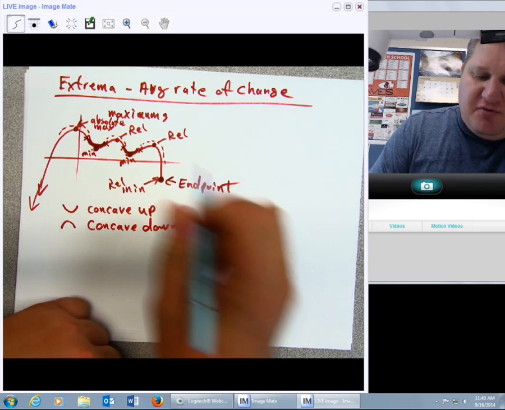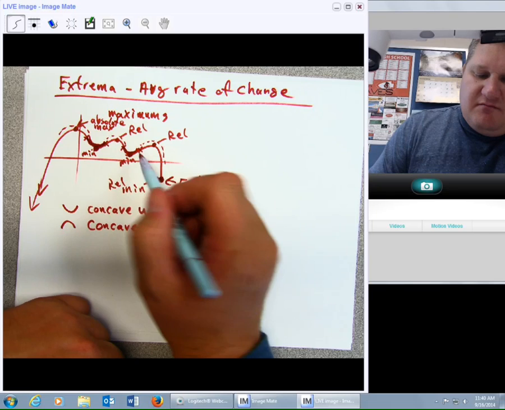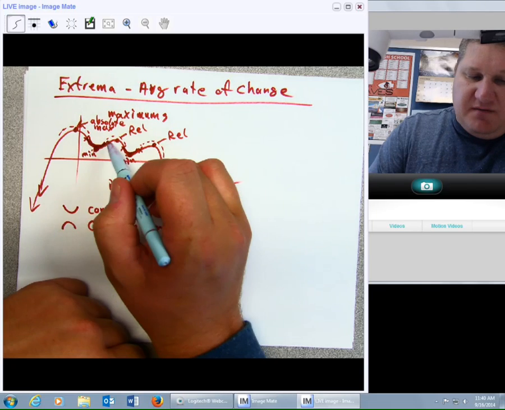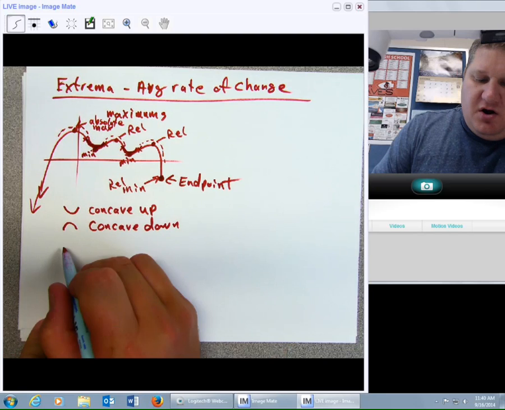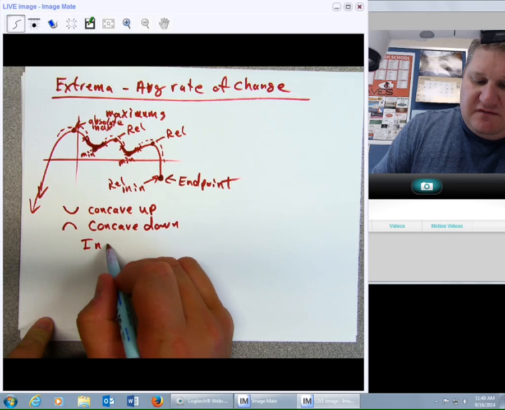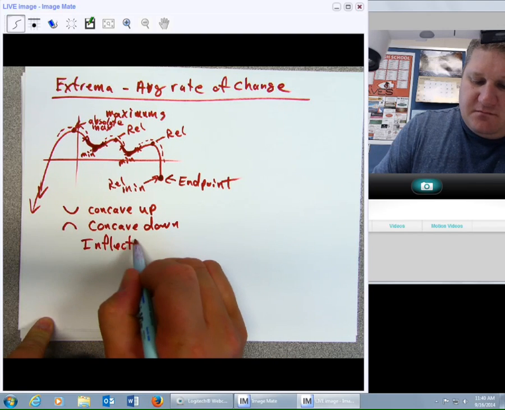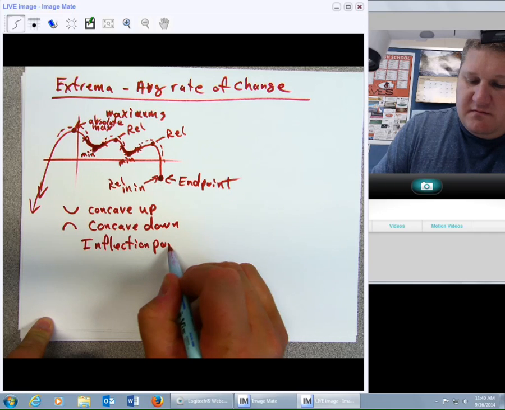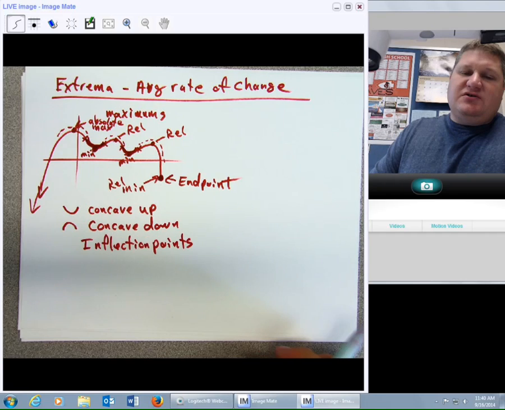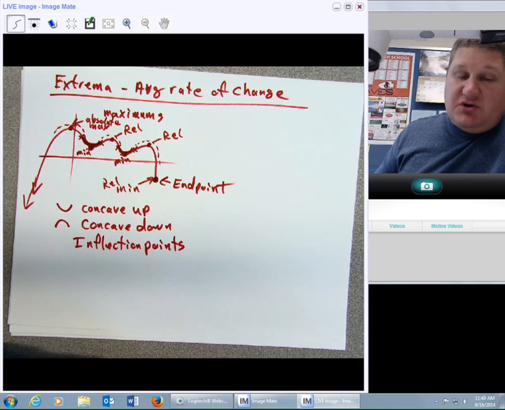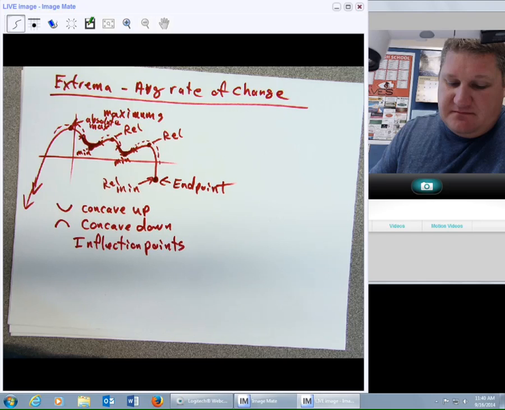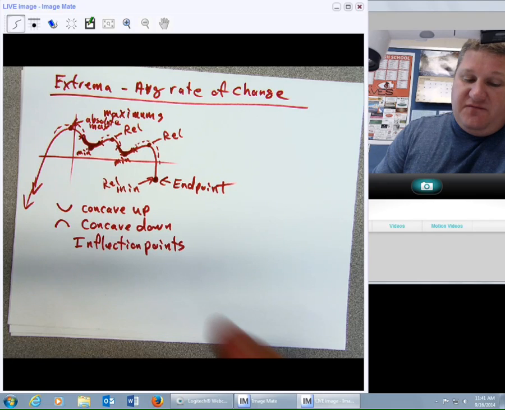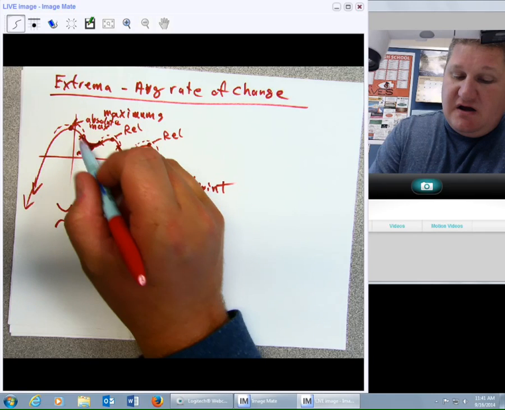Now the points, these x's, between where we go from concave up to concave down are known as inflection points. Inflection points, because just as a voice goes up or a voice goes down, we're using inflection. So, by inflection points, concave down moves to concave up.